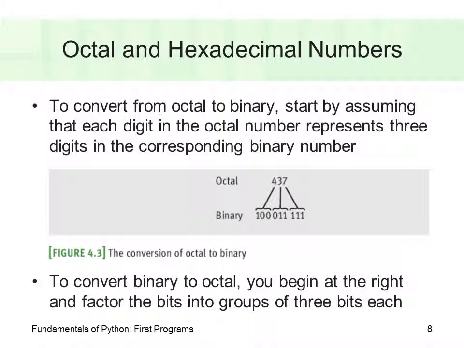So put it all together and you've got your binary version of the octal number. So it's quite easy to go from octal to binary. Now, to go from binary to octal, again, you want to group your binary number into groups of 3. 100 is 4. 011 is 3. 111 is 7. So then you easily put that together into octal 437.